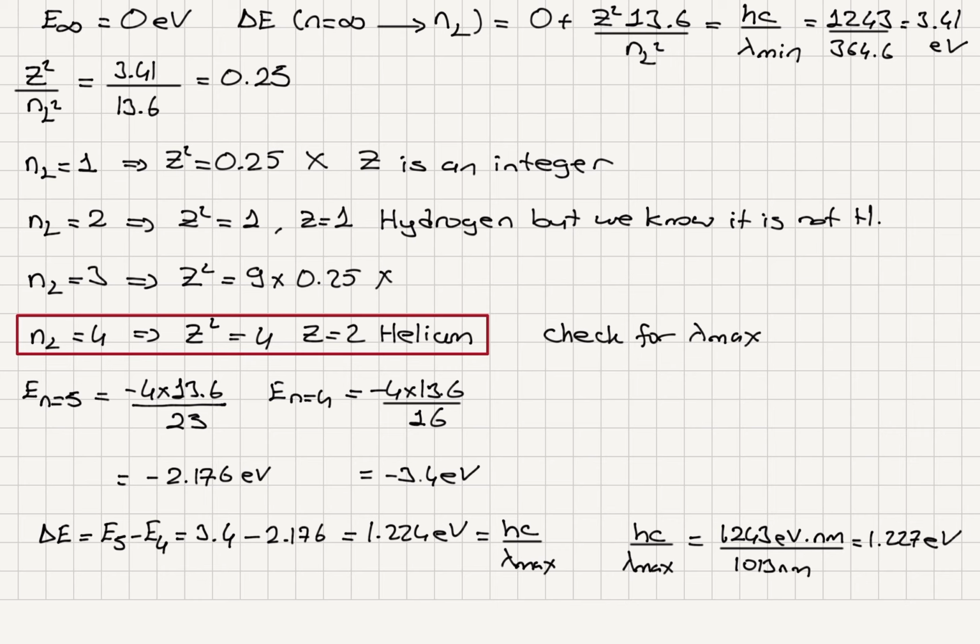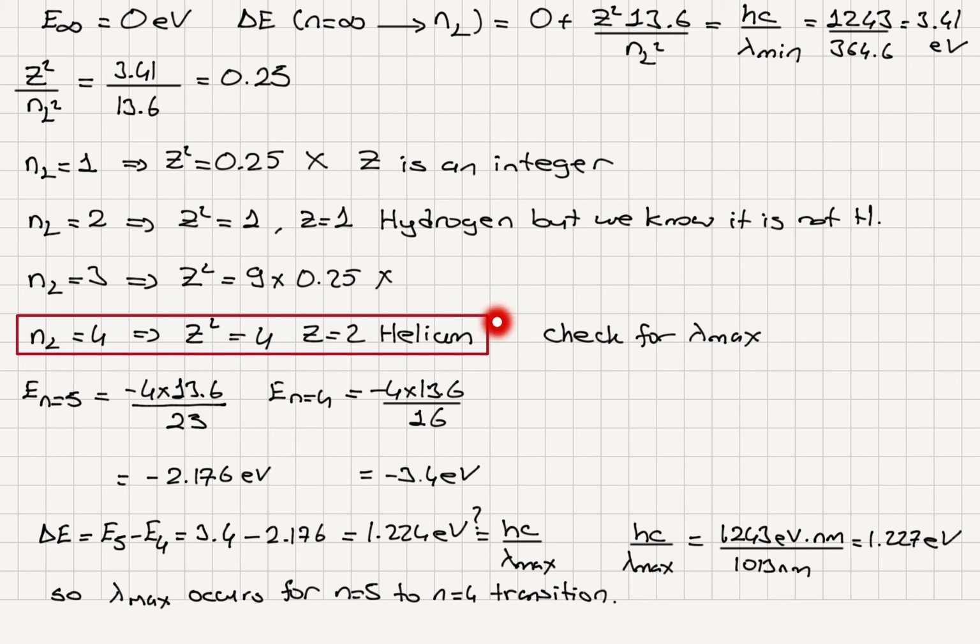So these are basically very close. So I realized that lambda max indeed occurs for the n equals 5 to n equals 4 transition. So the final level should be n equals 4.